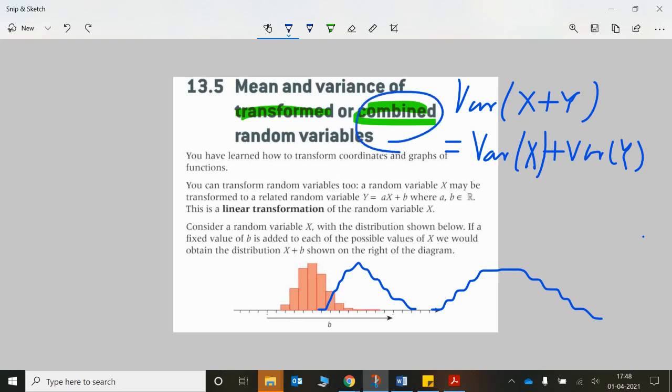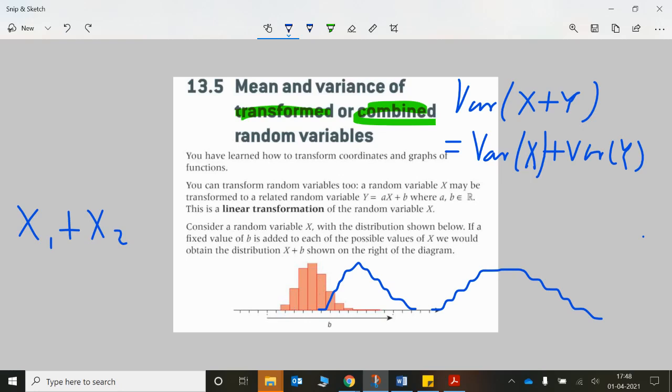When we're talking about combining random variables, we're talking about putting two distributions together. Now, you can also put together, say, for example, x1 plus x2, two variables which you're taking results from the same distribution. It might be that we're taking two results here from the mathematics test and just adding them together.